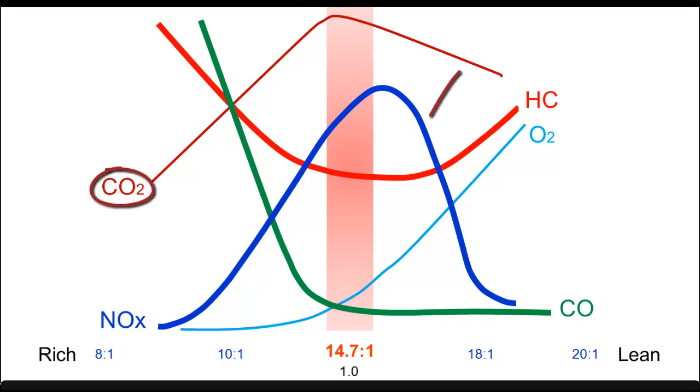Carbon dioxide off peak at 11.53%. Oxygen high at 4.73%. Lambda at 1.28 represents a lean mixture.